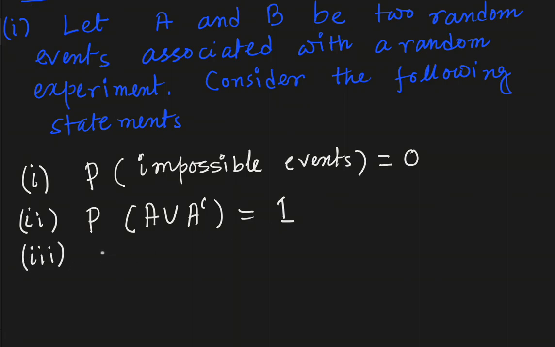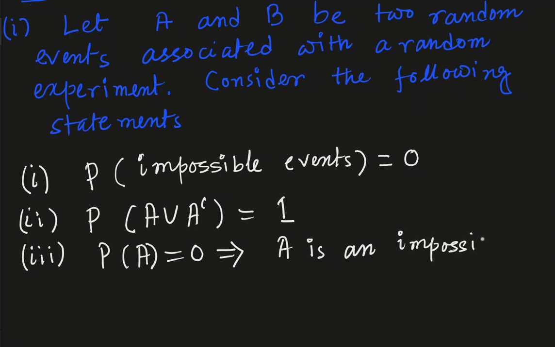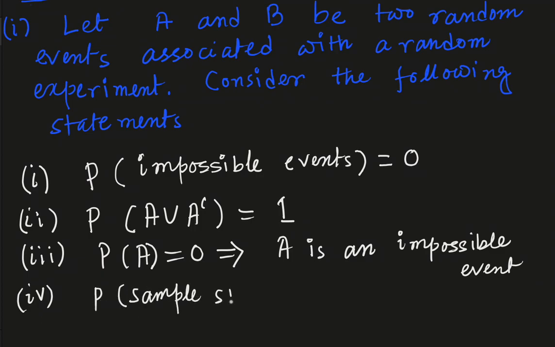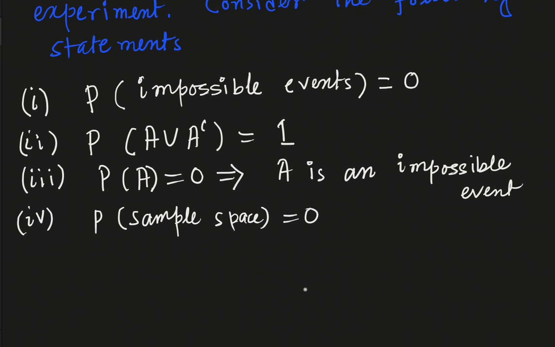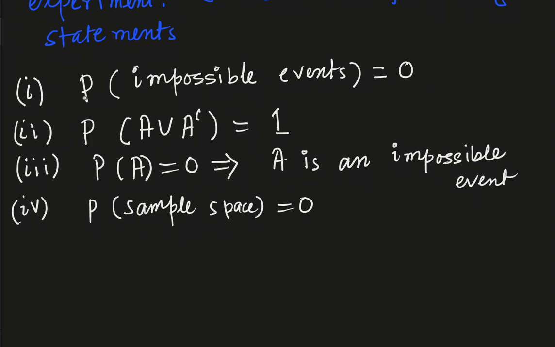Third, probability of A is 0, given that A is an impossible event. And fourth, P of sample space is 0.